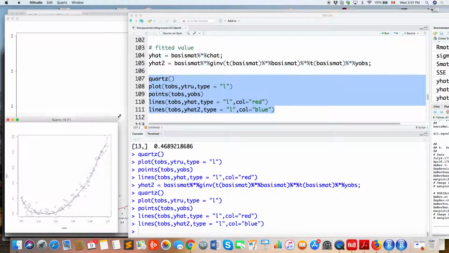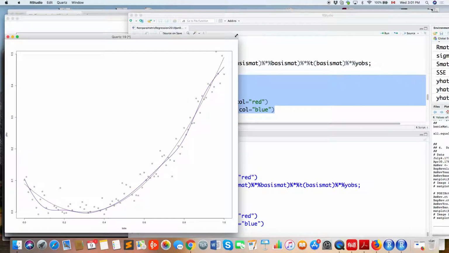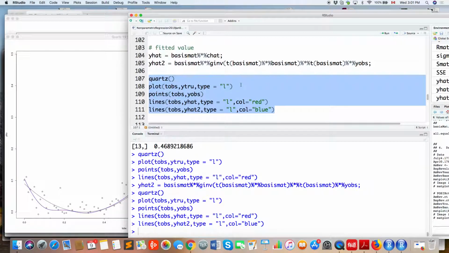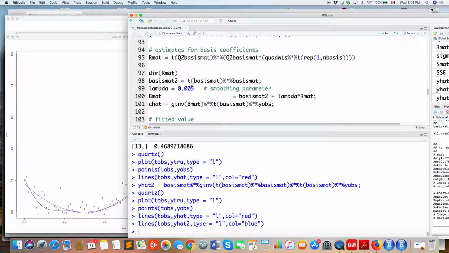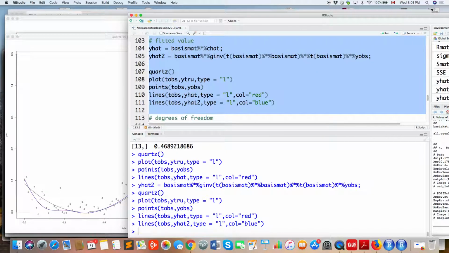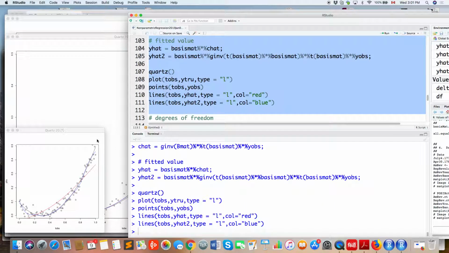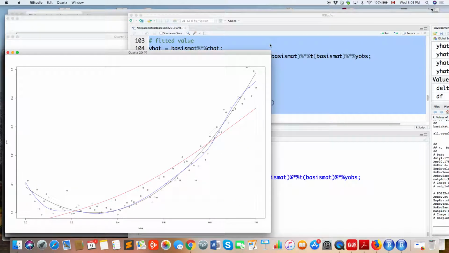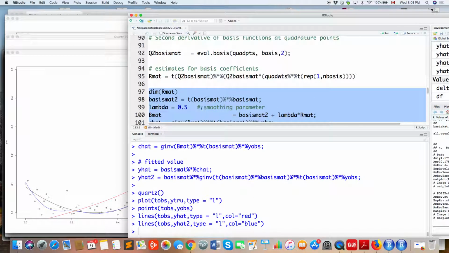Actually, it's very close, right? It's so close. So maybe you can try a larger lambda. Maybe this lambda is too small. See any difference? In that case, actually it's too smooth, the red one is too smooth. Let me try 0.1.